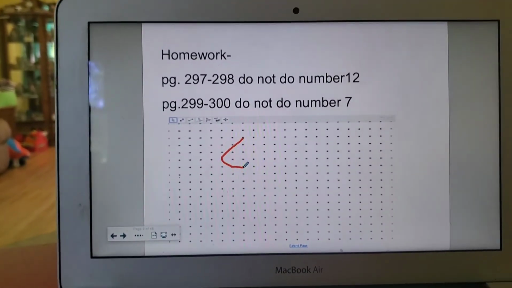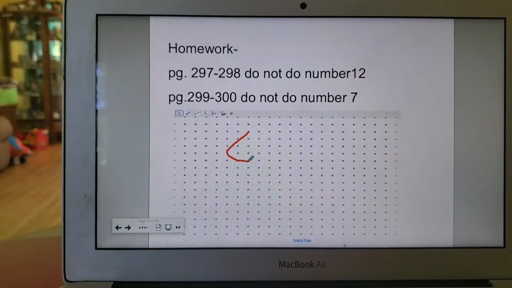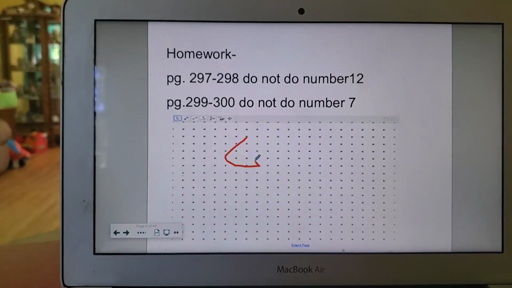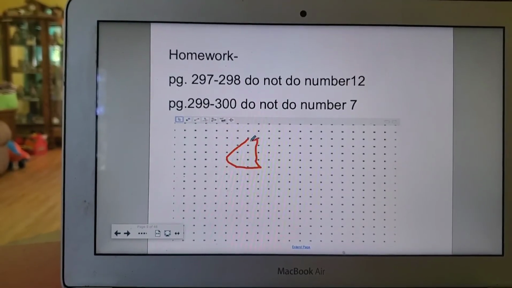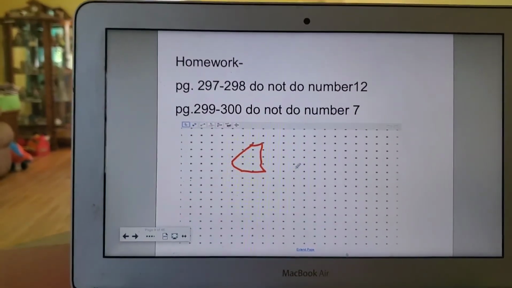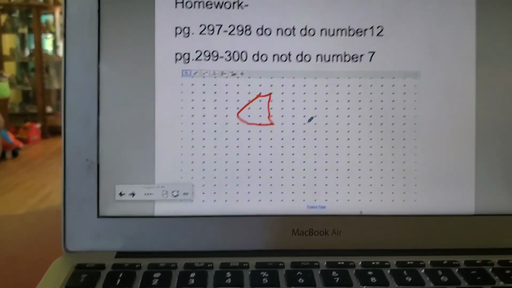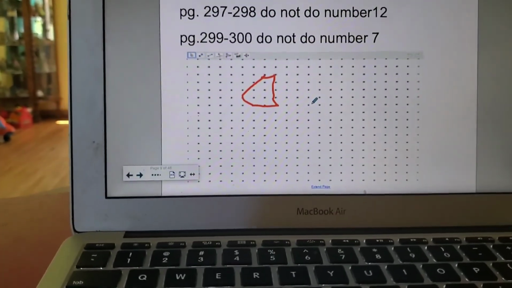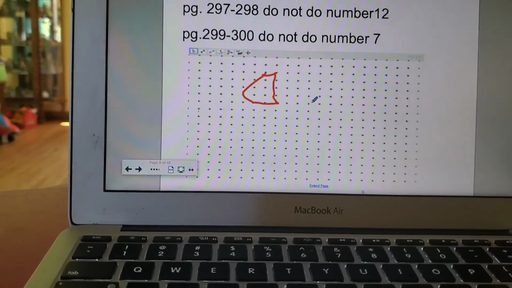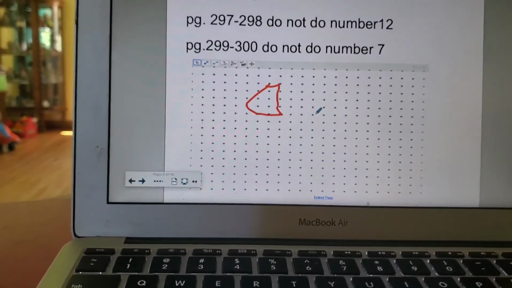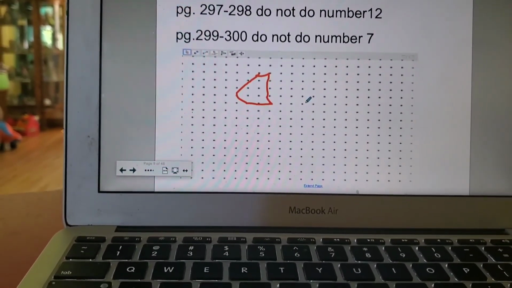So we are going to close it, and this is how I'm going to close it. I'm going to draw on the dots and close it off. You see? So you're using the dots to help you draw your lines and to draw your corners. Okay? So you're going to do that for numbers 1, 2, and 3.